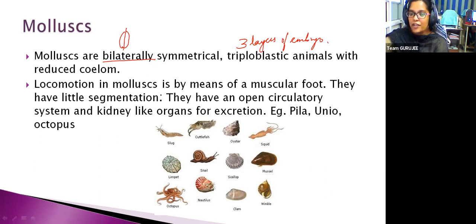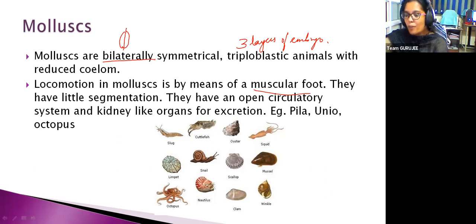Locomotion in mollusks is by the muscular foot. See the snail, then the octopus, oyster, squid. In all these animals, the locomotion is with the help of the muscular foot.